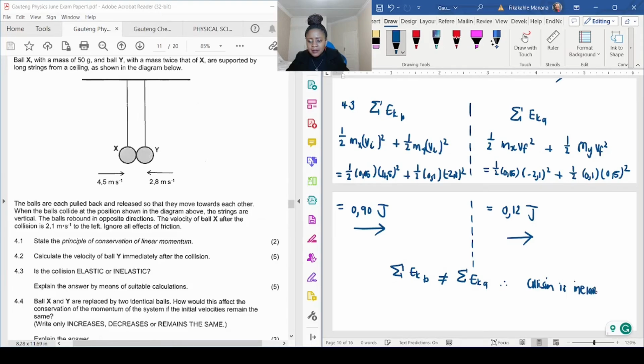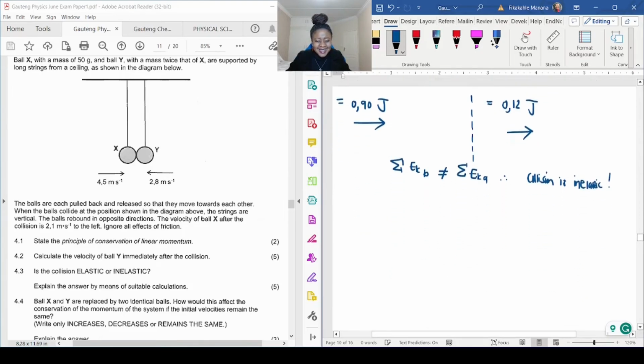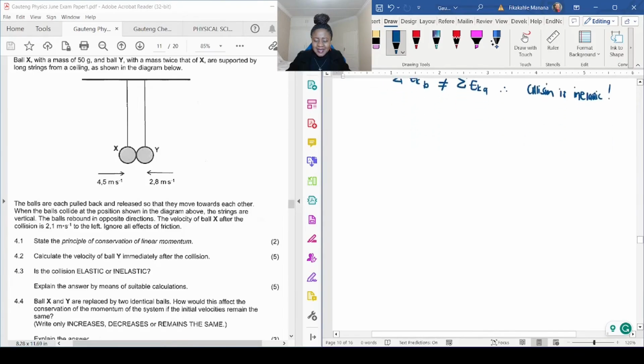Okay, what is the question? Collision inelastic or elastic? It's inelastic. Explain the answer by means of a suitable calculation. We showed it. Kinetic energy before is not equal to the kinetic energy after. And we are done. I think that was also a nice 5 marks. I hope I'm not alone. Okay, so that is that.